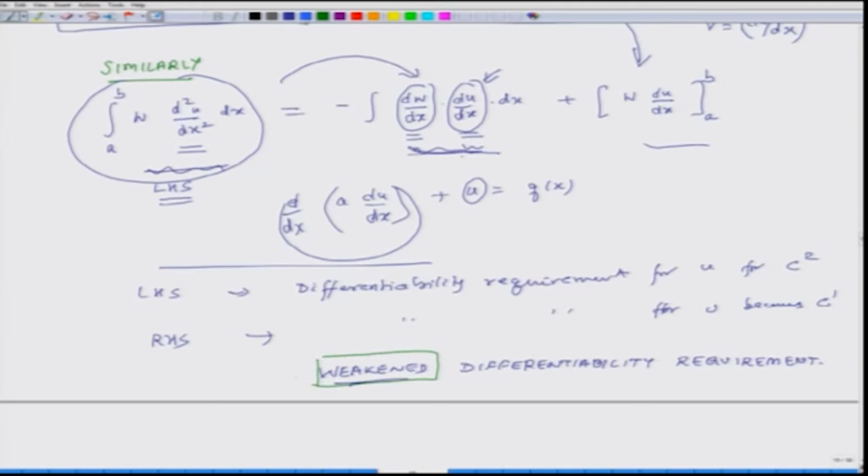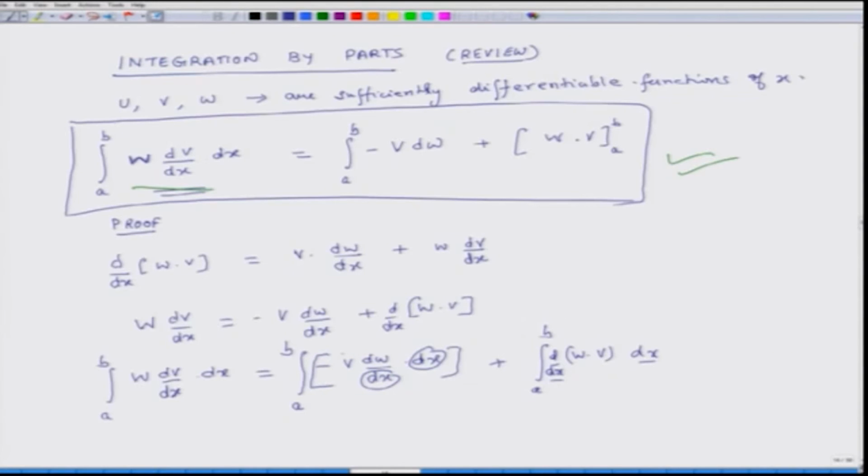We have weakened the requirement of differentiability, and that is why, once we weaken it, this method is known as weak formulation. It is not that the answers are poor or something like that. The differentiability requirement has been weakened, so this is known as a weak formulation. So this is for second order. So you see the benefit of this for second order derivatives.